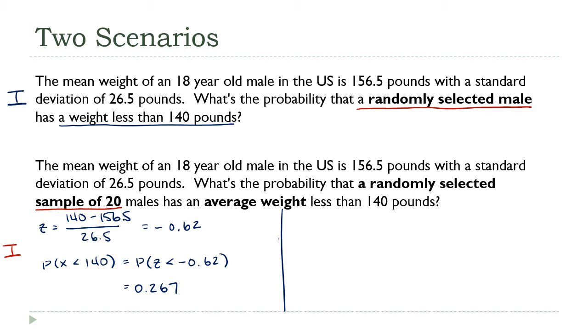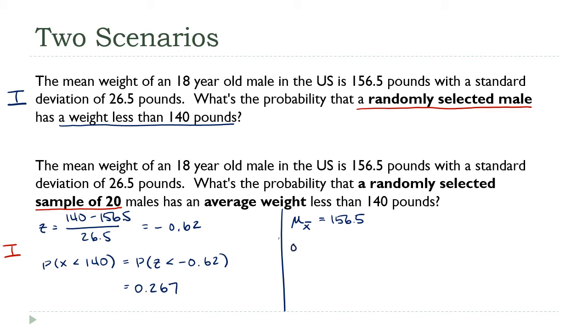So now what are we going to do? We're really going to walk through the same process again, but notice I'm going to use a little new notation here. The mean of the sampling distribution, it's kind of like the average of the averages, is still 156.5. That doesn't change.